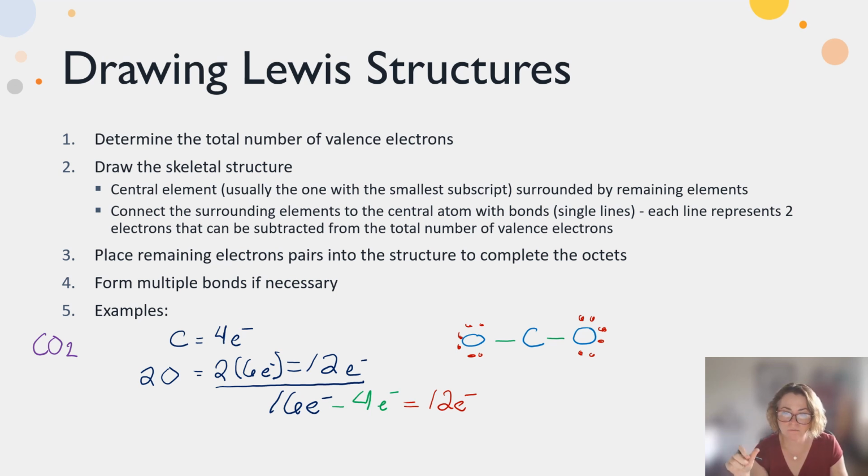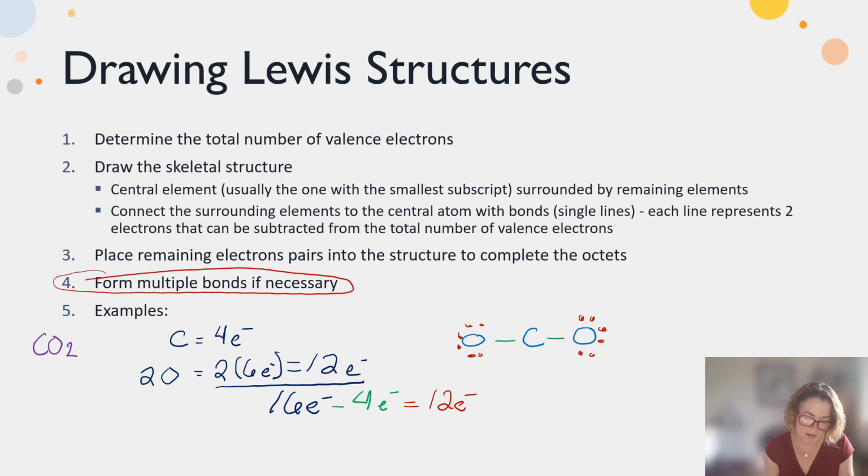For oxygen, both of them have a total of 8 electrons. However, my carbon only has 4, so I need to move things around so that the octet is satisfied, and that is exactly when I want to form multiple bonds.